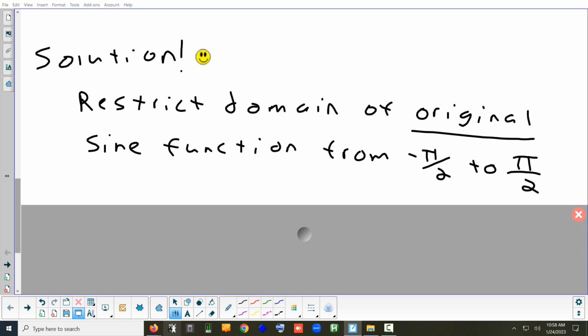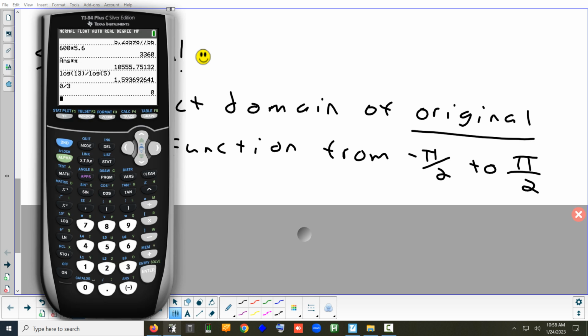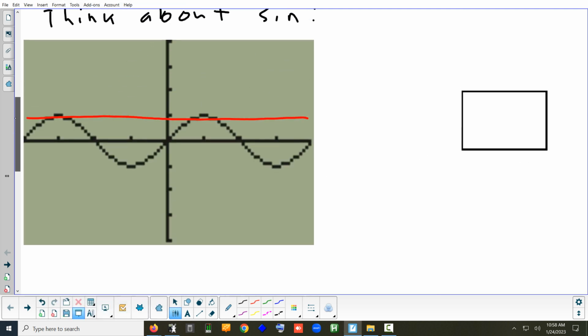Because the whole problem with having a graph that fails the horizontal line test is that if I do inverse sine of 0.5, we expect to get one answer back, and the calculator does give me one answer. Everywhere that this horizontal line hits that graph is a potential answer to an inverse sine problem.